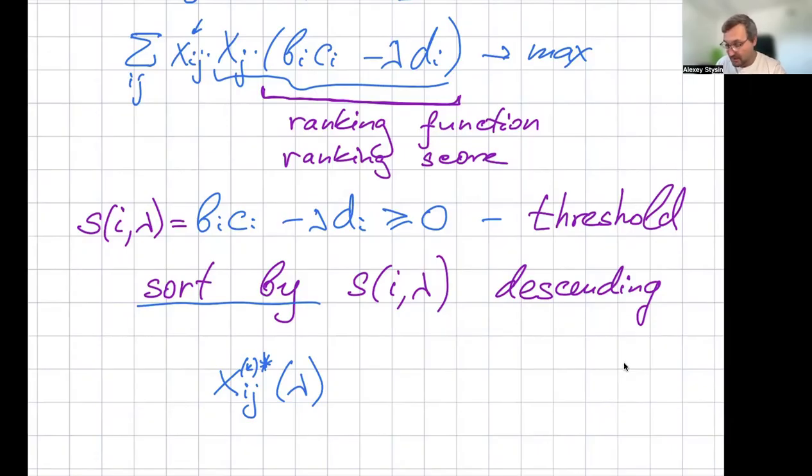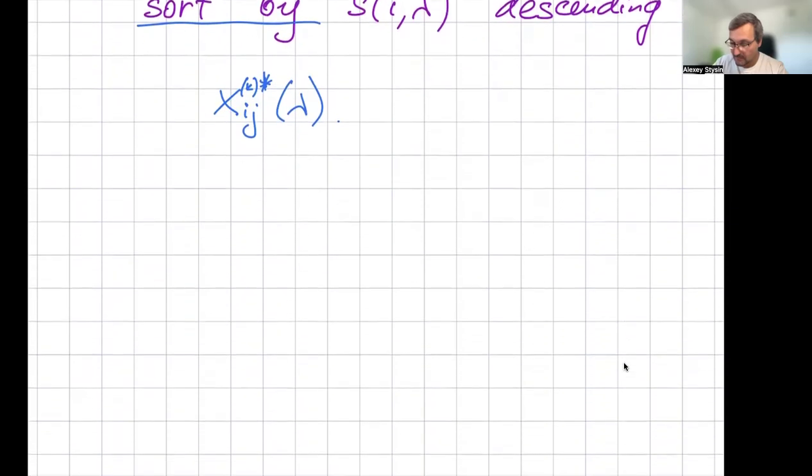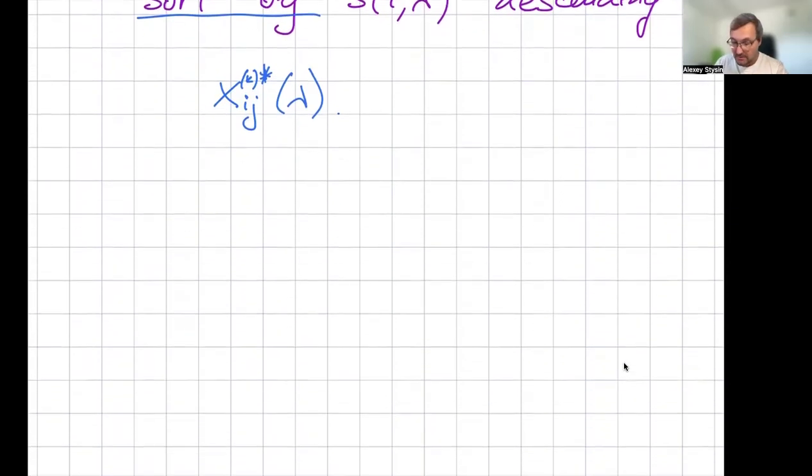Just to repeat myself quickly: discard everyone that does not pass the threshold, sort them using the ranking function, and assign in descending order of effective slot sizes. Now we can write out using this, okay, lambda star. Again, remember what lambda star means. Lambda star means this is the optimal assignment.